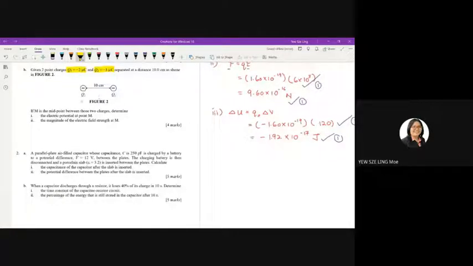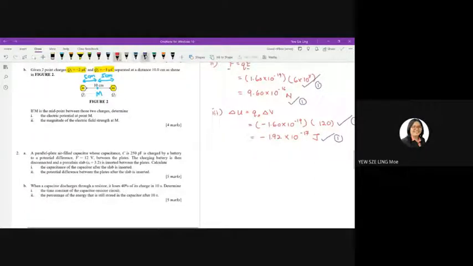The distance between them is 10 cm, and you need to change it into SI units. If M is the midpoint between these charges, the distance between M and Q1, and M and Q2, is 5 cm. The question asks you to determine the electric potential at point M.